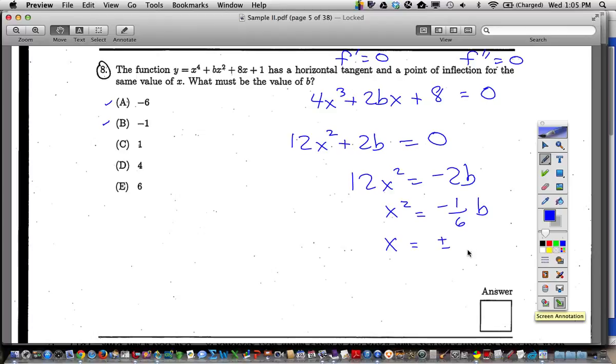So now you've got a couple choices. One thing we could do is go through the normal kind of process of what we would do with something like this. Or we could cheat a little bit because it's a multiple choice. I could plug these in for B and try them and see what happens.